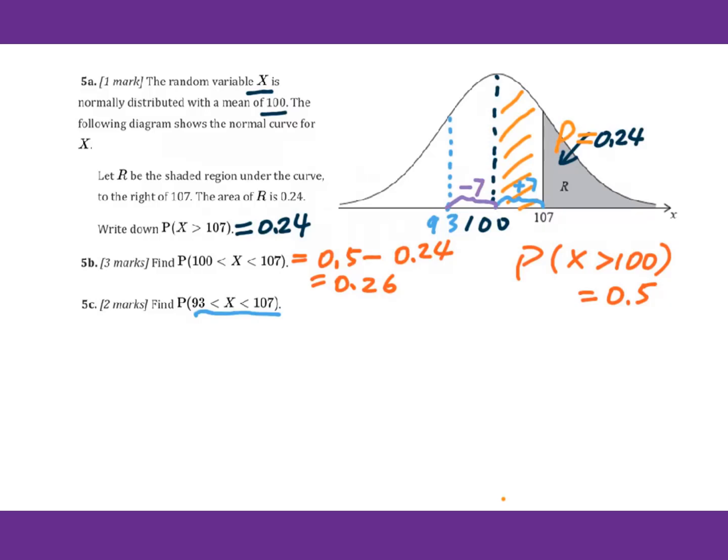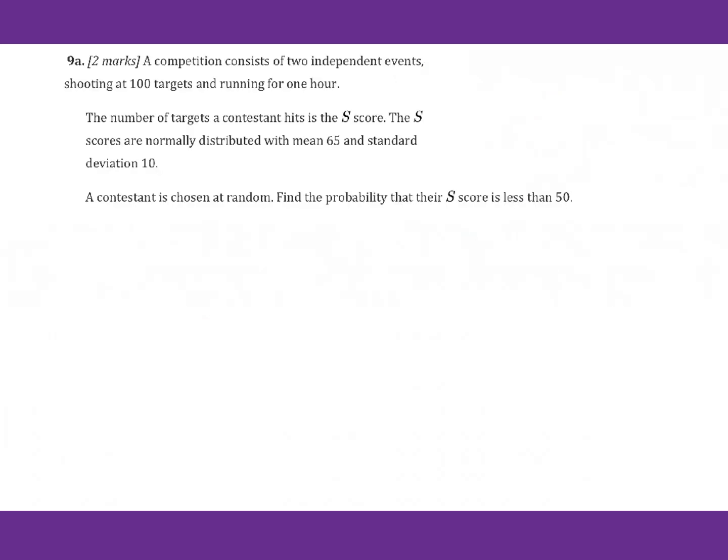Therefore, the normal distribution is symmetric across this mu, which means its mean. These two areas will be equal, which means if this is 0.26, this will be 0.26. Therefore, from 93 to 107, you will get 0.26 times 2. You will get 0.52.